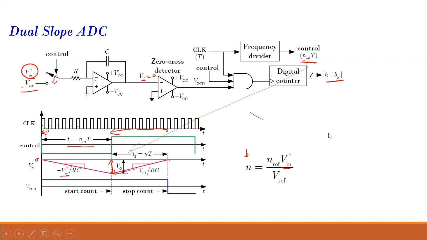So any doubts in this? See, how this formula has come is, this is a triangle, right? So by similarity, this is coming like this. This value is a fixed value.